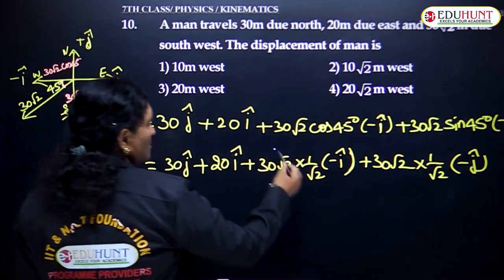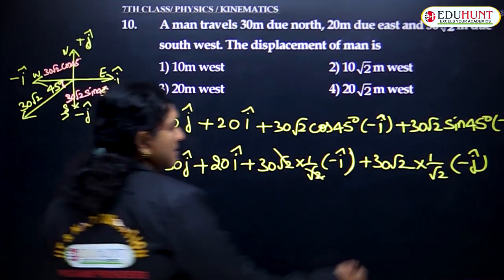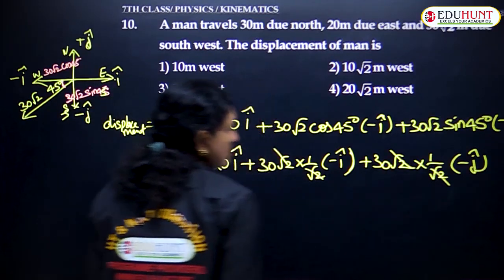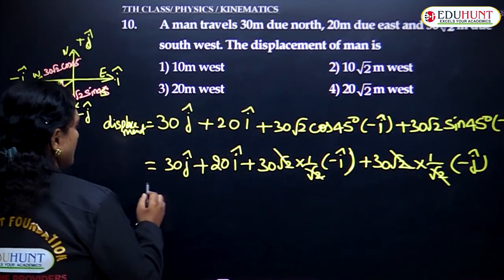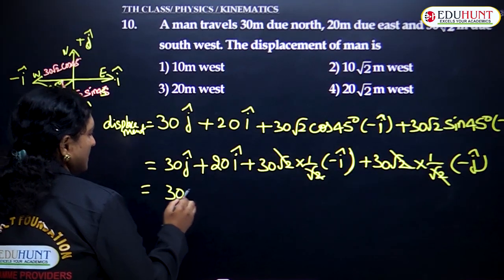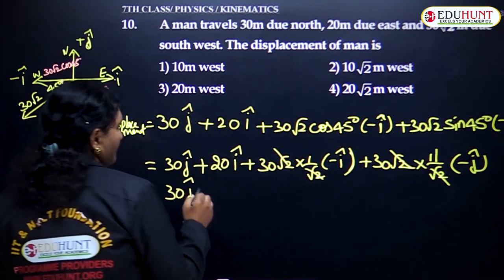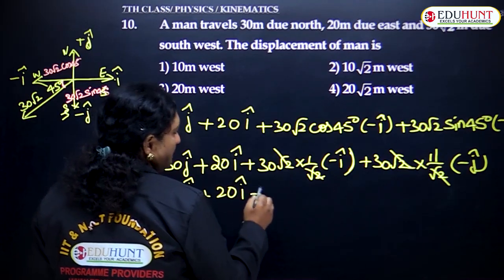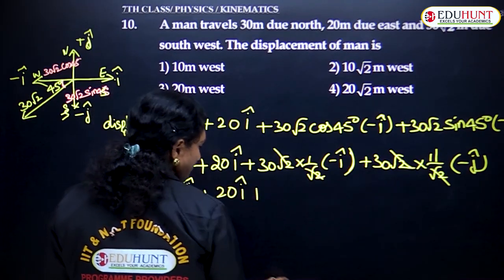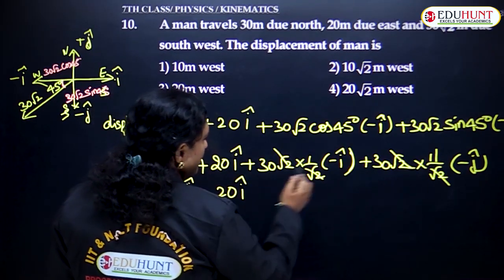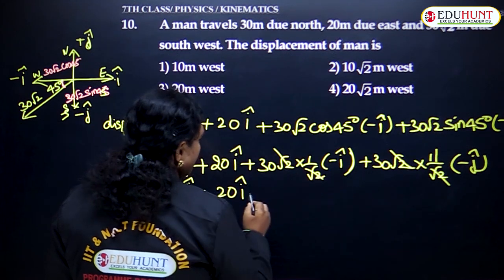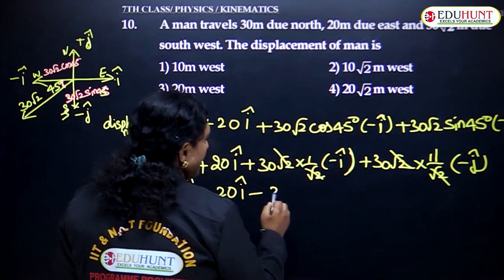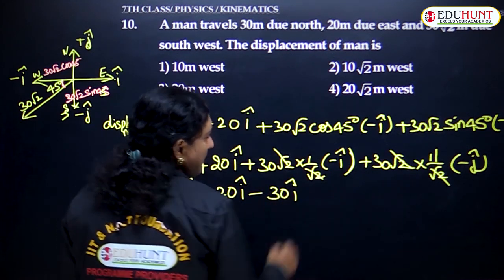After simplification, root 2 gets cancelled. Here also root 2 gets cancelled. So what is left over? 30 j cap plus 20 I cap plus, instead of plus, what we write is 30 into minus I cap, so you bring the minus forward: minus 30 I cap.